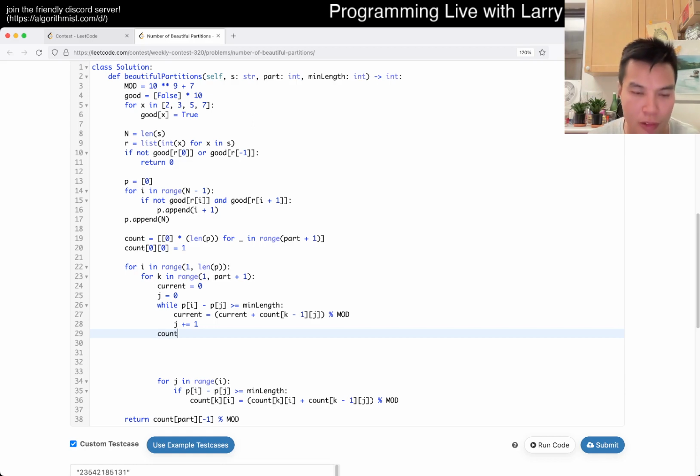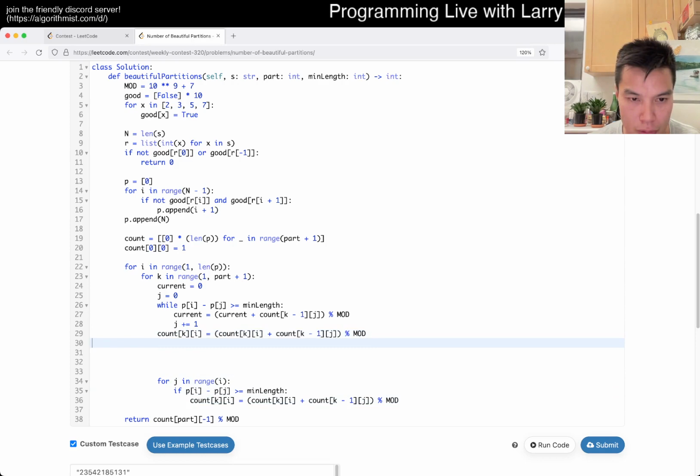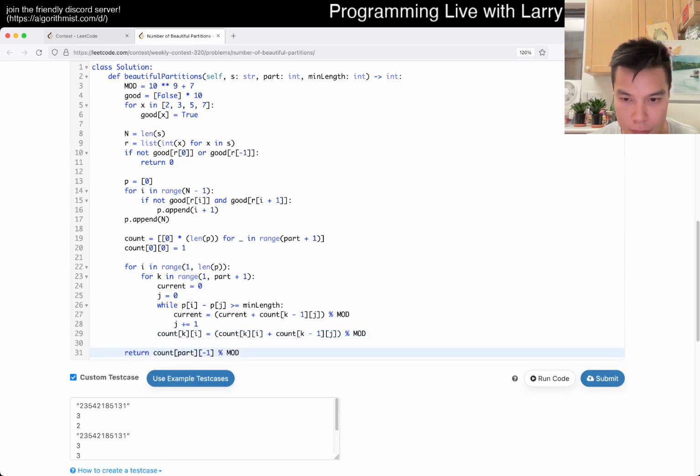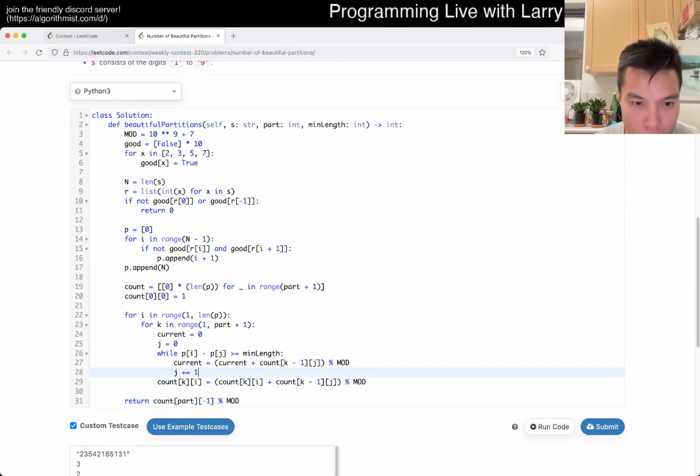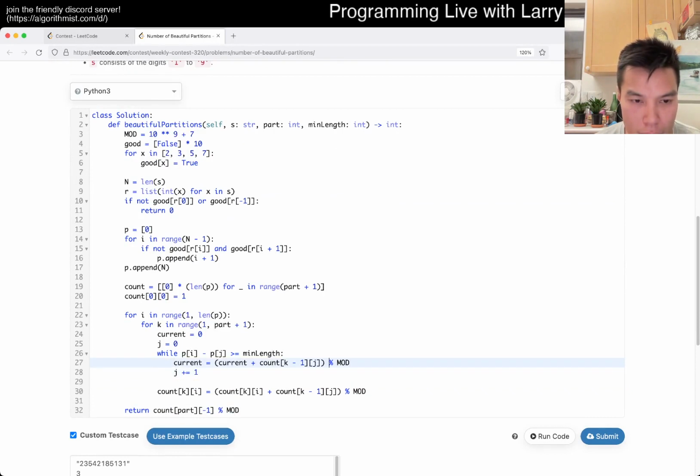It's only I was thinking about the pop part, but I guess it doesn't actually do the pop part. Okay, well that didn't work well. K minus 1j.